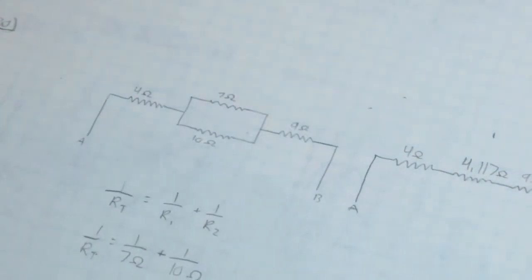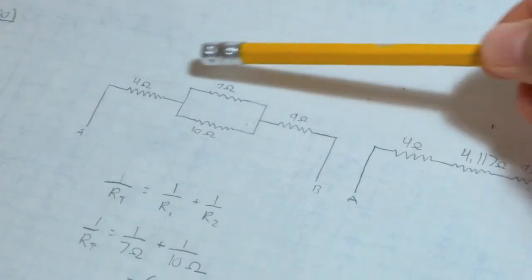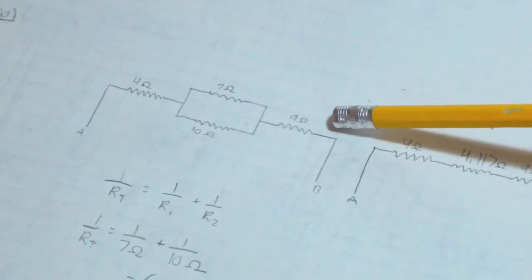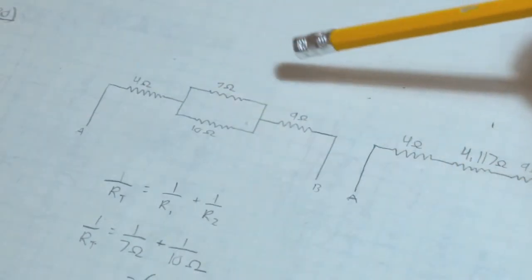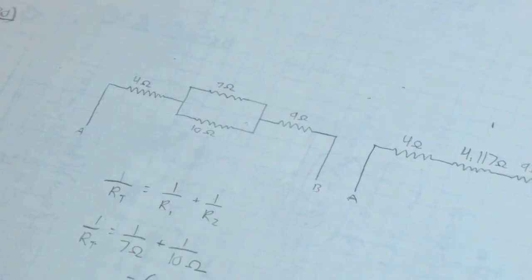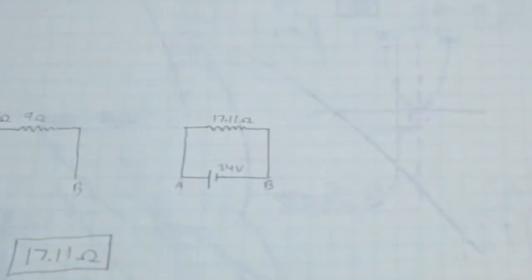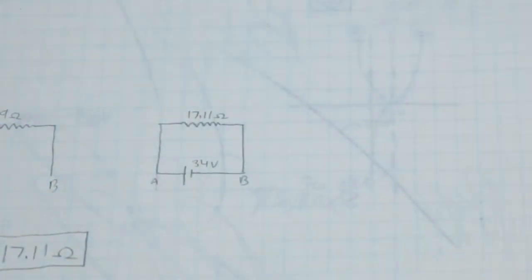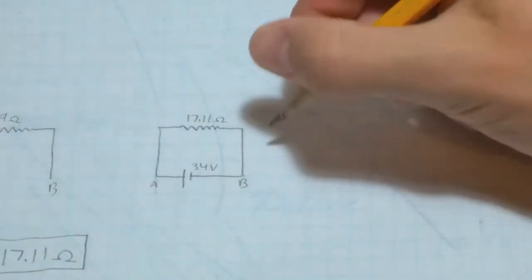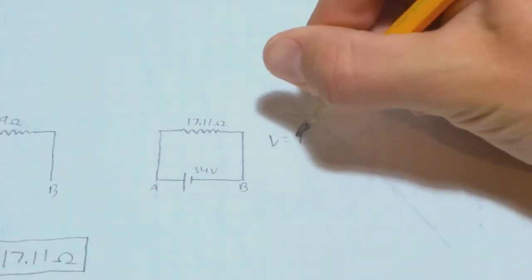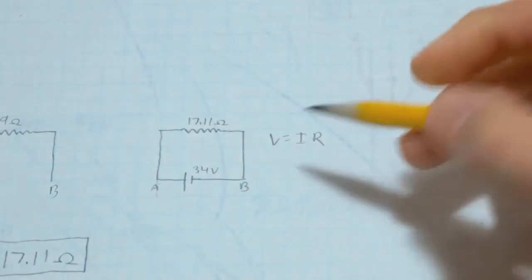Well, let's take a look back at the original image here. We know that the 4 ohm resistor and the 9 ohm resistor are going to have the same current going through them.